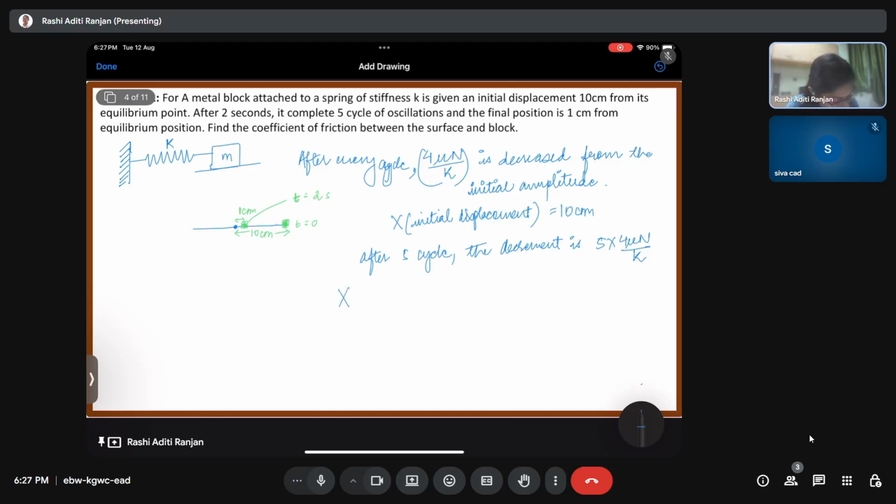So x minus 20 mu N by k is equal to what? X at 5. And x at 5 is nothing but 1 centimeter. Right?